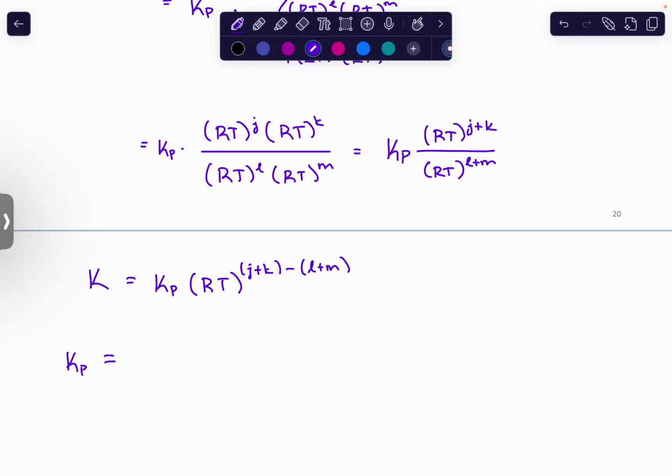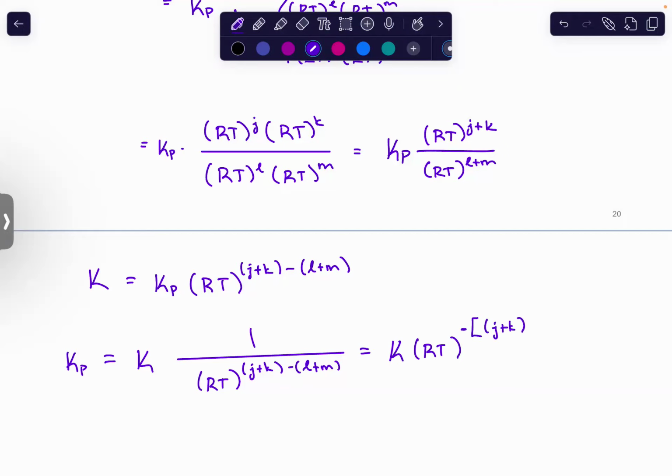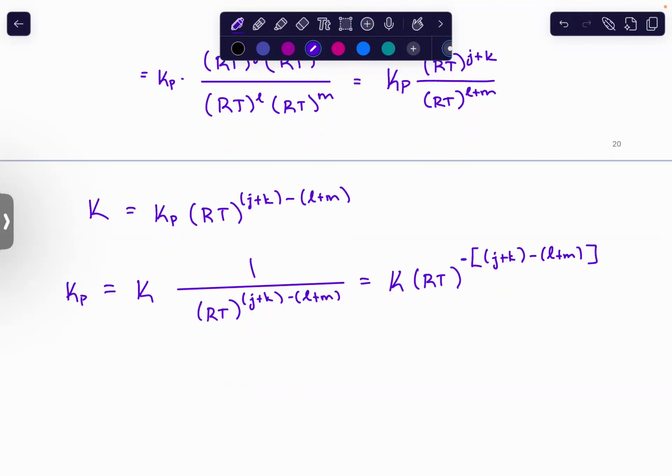So then we're going to have K, and then I'm going to have RT, so like that, because I divided through, it's going to be K times RT to the negative, alrighty, which is just going to reverse those two.